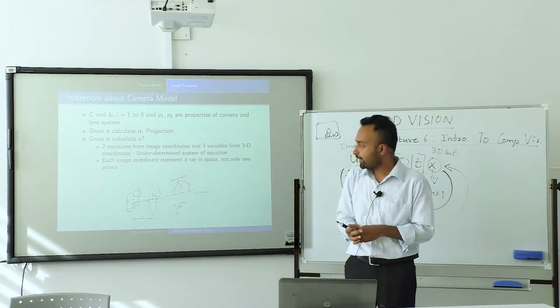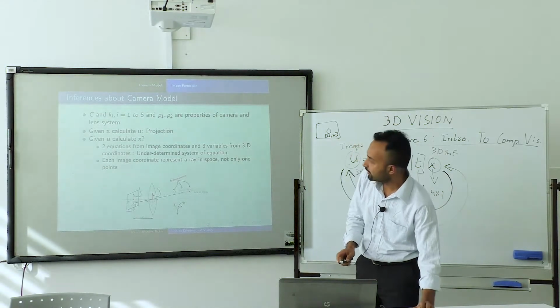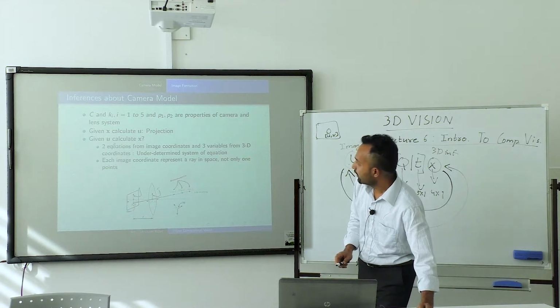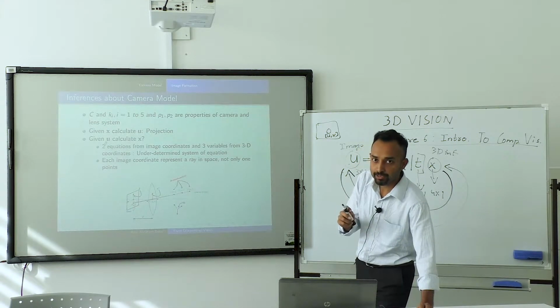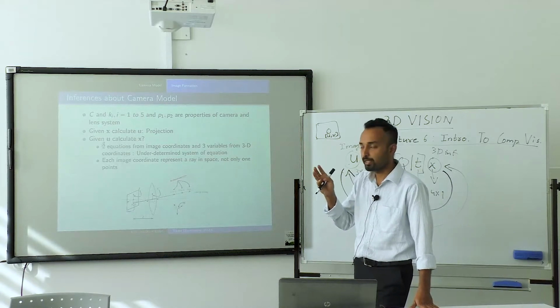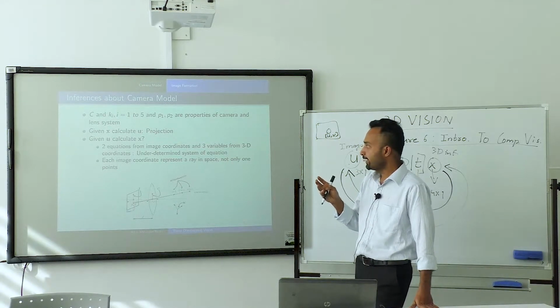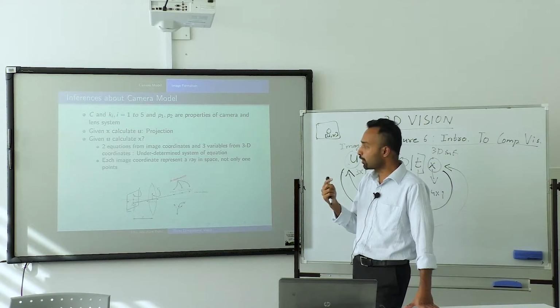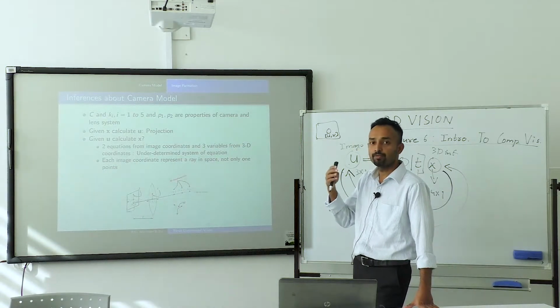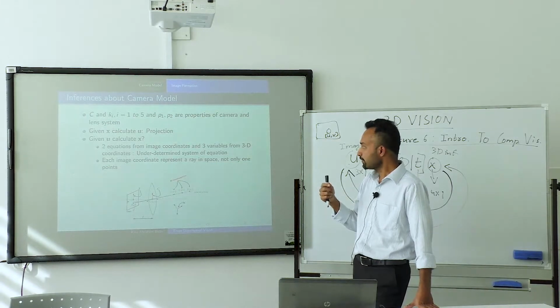Each image point is represented by two equations, and the 3D coordinates have three variables which are to be estimated. So this is an underdetermined system. You will not be able to solve uniquely for all the three coordinates.